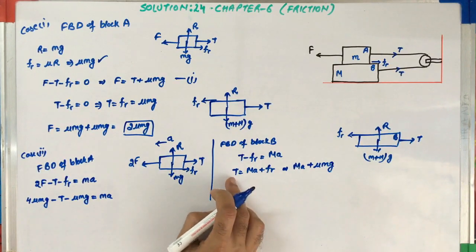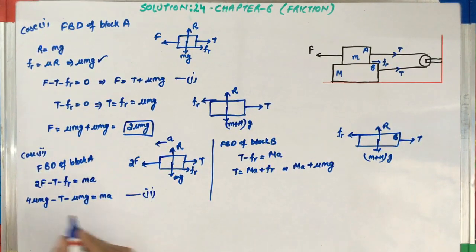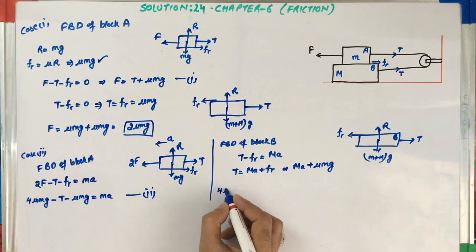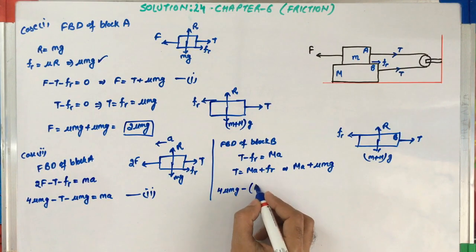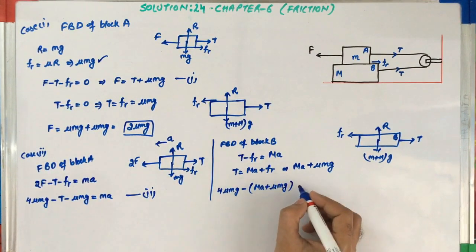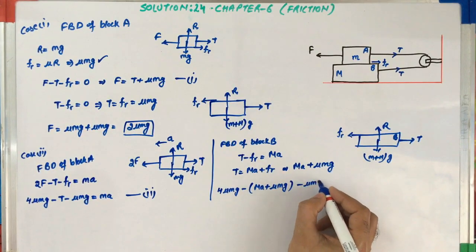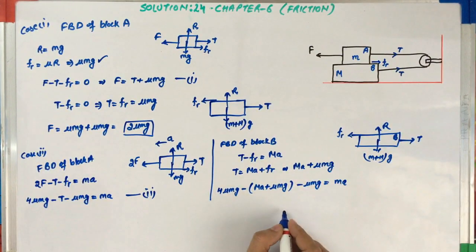Now putting the value of T in equation 2, this will become 4 times mu mg minus (Ma plus mu mg) minus mu mg is equal to ma, right?